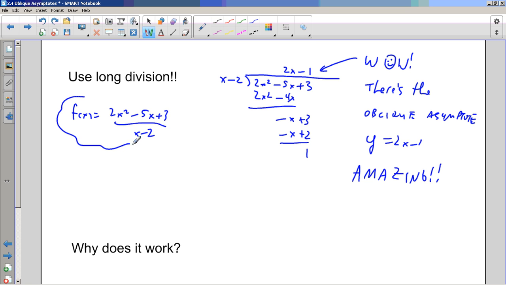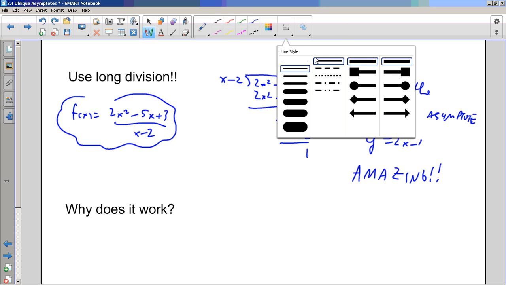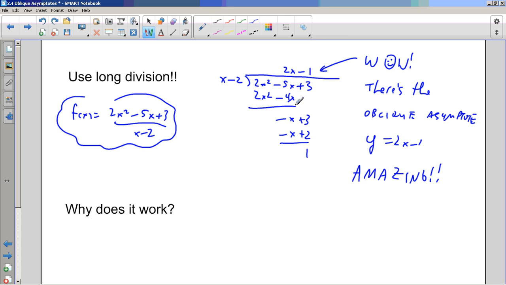But we know that doesn't happen. In fact, when we divide, we get a remainder of 1, and the oblique asymptote is 2x minus 1. So why the heck does this work? You don't have to worry too much about this, except for something as amazing as this, it's nice to have an explanation.